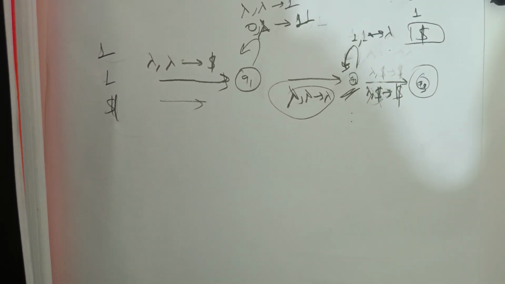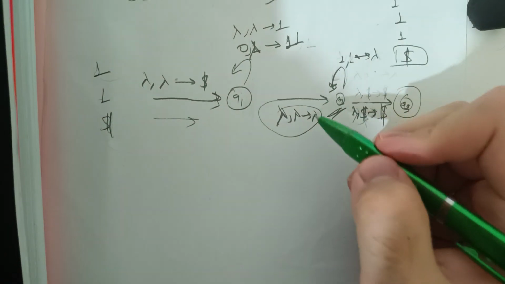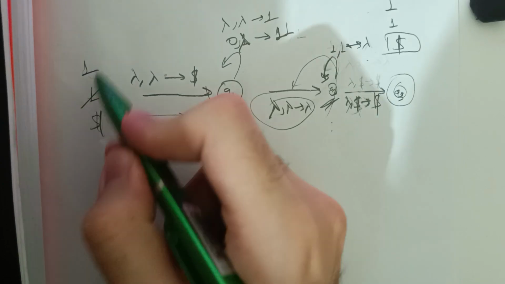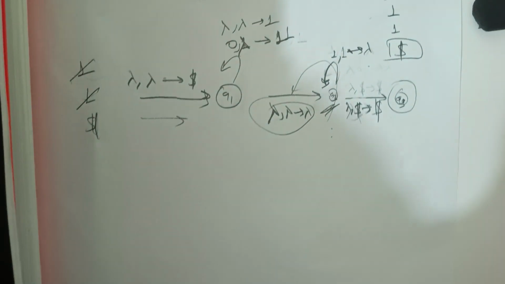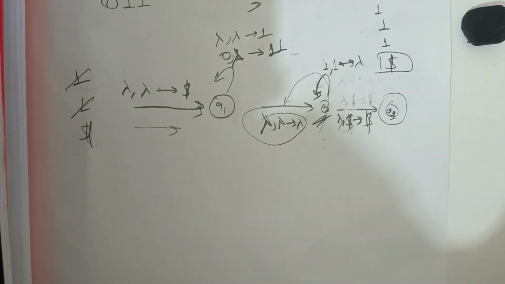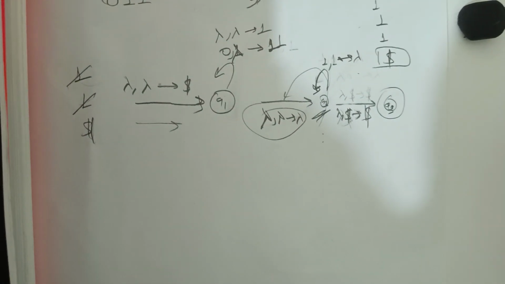When we read B, we omit another 1, and we see the dollar sign, and this is the acceptance state.